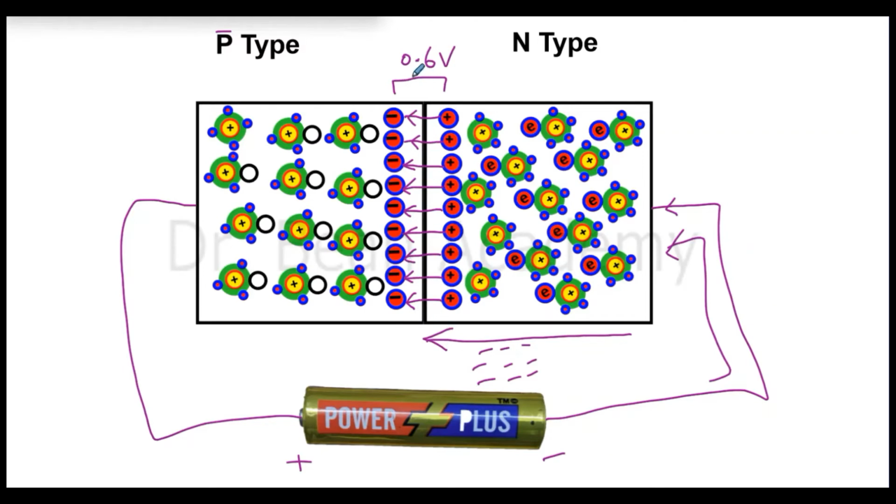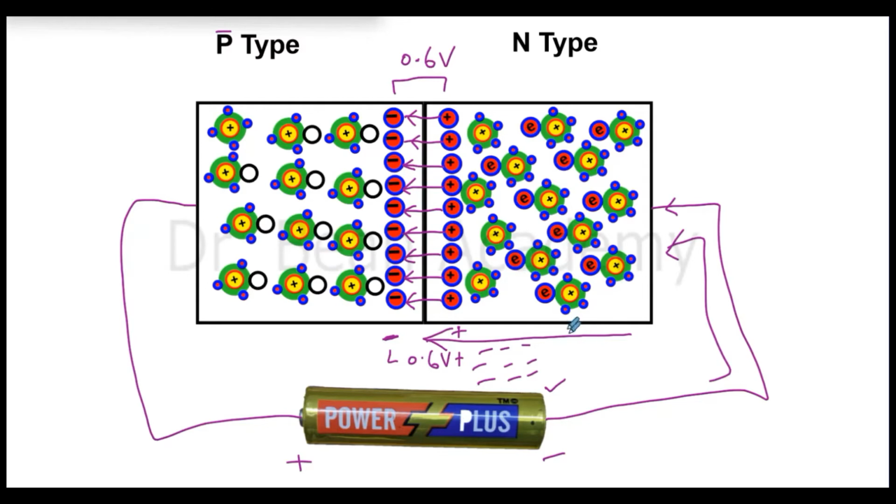You can think of this 0.6 volts potential barrier as a battery whose terminals are reversed. The negative terminal is here and the positive terminal is here, and the voltage of this battery is 0.6, but the terminals are opposite to the voltage applied by this battery. So of course this negative terminal will not allow the electrons to pass through.